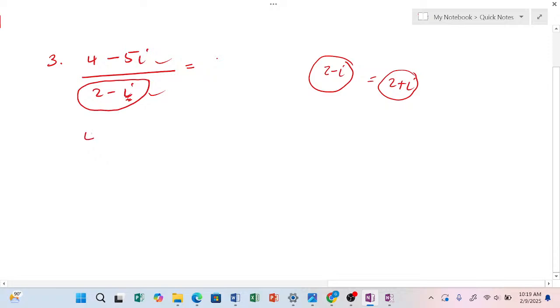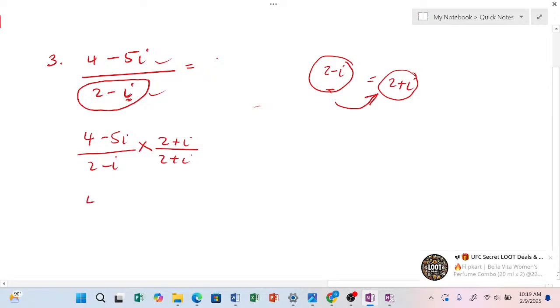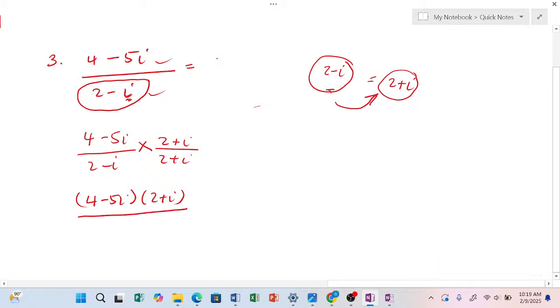So we have (4 minus 5i) over (2 minus i), multiplying the conjugate of the denominator, which is (2 plus i) all over (2 plus i). So I'm multiplying the numerator and the denominator, and I'm going to get (4 minus 5i) multiplying (2 plus i) all over 2 squared plus 1 squared.